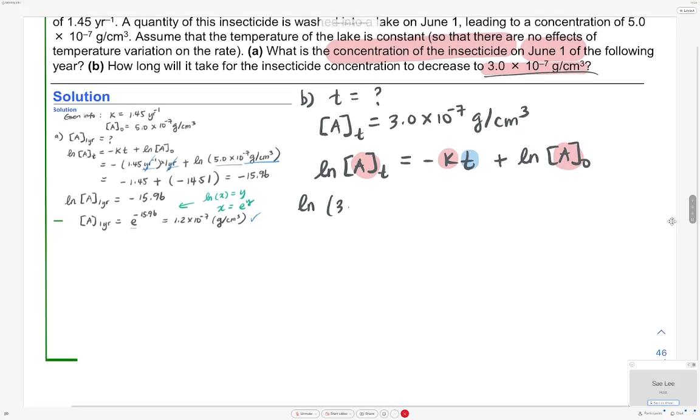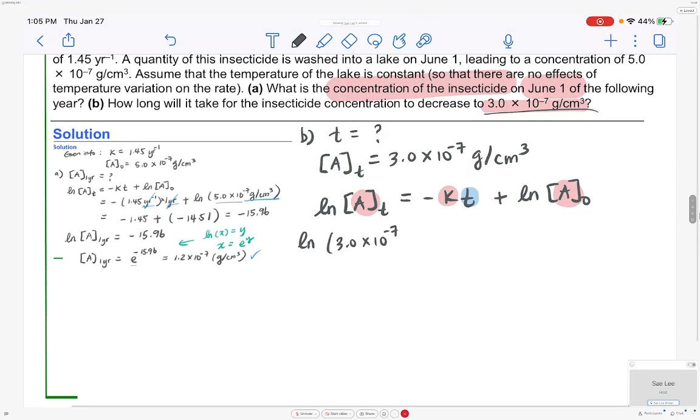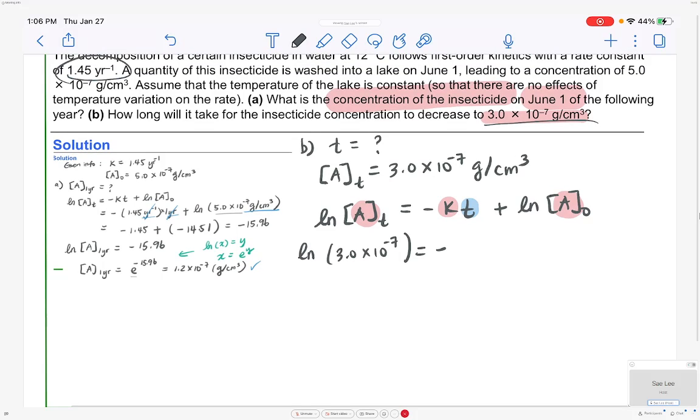Natural log of 3.0 times 10 to the negative 7 equals negative, the rate is provided to be 1.45 inverse year, and then times T plus natural log of initial concentration, which is provided to be 5 times 10 to the negative 7.